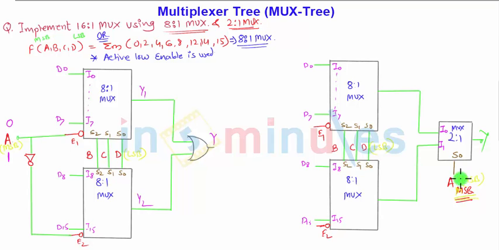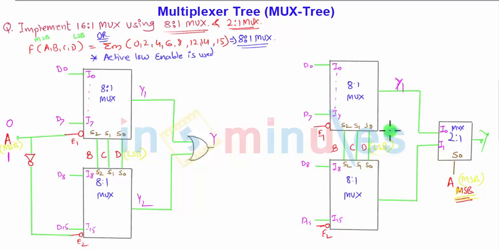Now I can easily explain that if A is equal to 0, it will select I0, that is nothing but output Y1, which is from the first IC, containing D0 to D7, and we know that for the first 8 combinations the A bit is 0, so I'll get these combinations no matter what B, C, D are, because B, C, D are selecting the inputs from both the ICs.